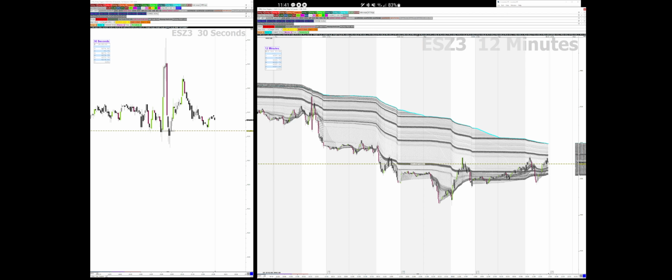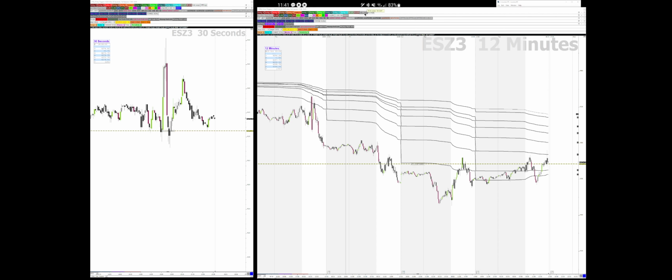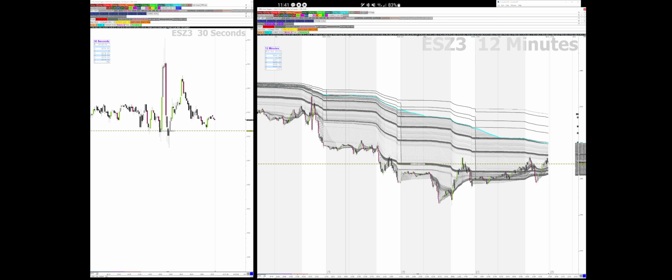The automatic VWAPs, these bands of consolidating VWAPs, are actually the same levels that you're going to see here. So if I turn these off, you'll see that they overlap with the consolidating bands on this 12-minute chart. And if I want to see more, I simply go to a higher time frame.